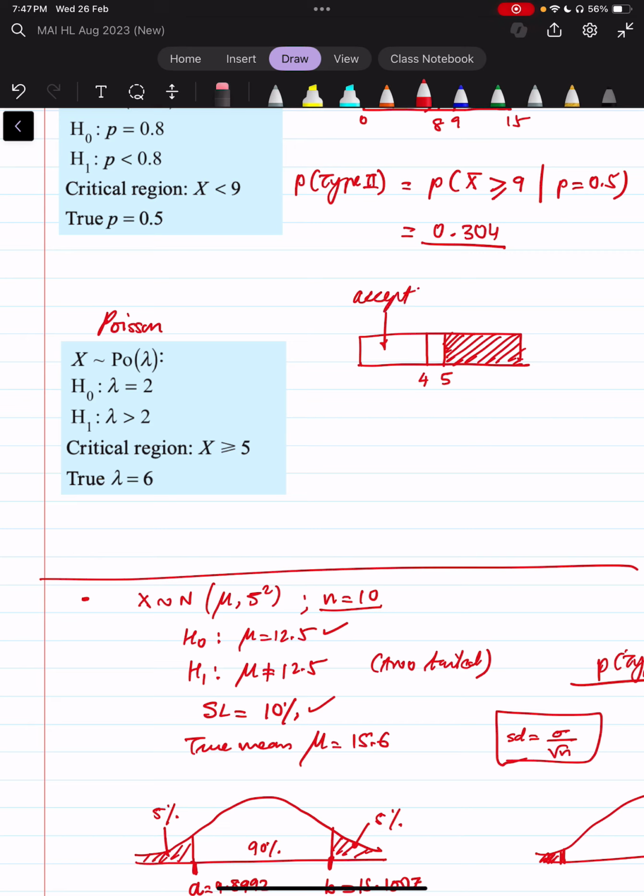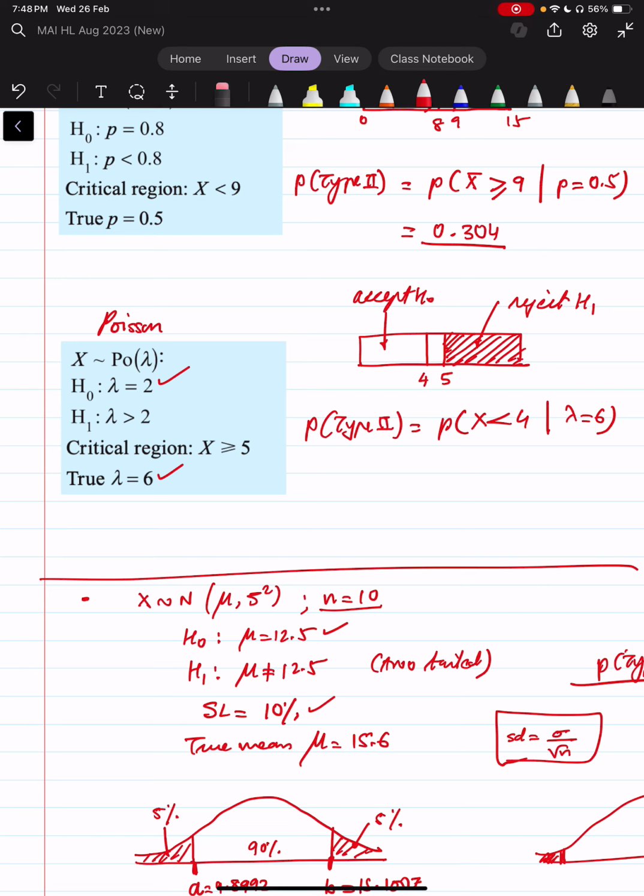So this is your accept H naught, correct? This is your reject H naught. So if they ask you type 1 error, you find a black region with lambda is 2. If they ask you type 2 error, you find the white region with your lambda is 6. So type 2 error, so probability that you do your x as less than or equal to 4, given that lambda is equal to 6. So that's it.